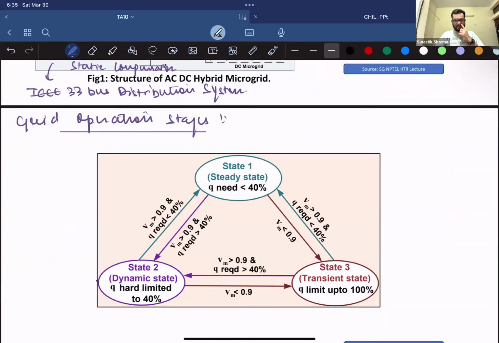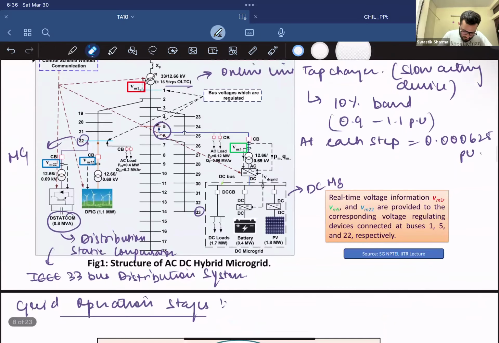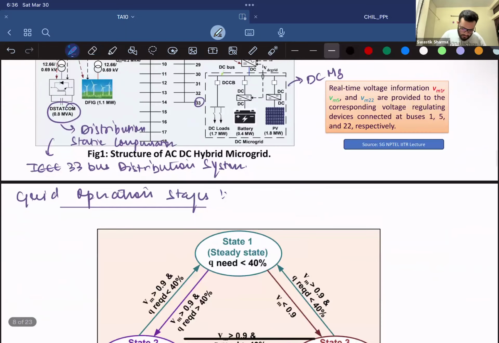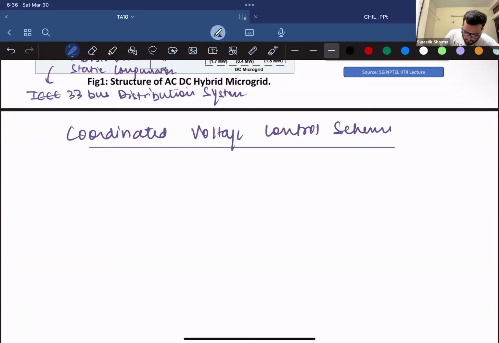Before going into CVC, the main purpose of CVC, or coordinated voltage control scheme, is to control your reactive power in such a way that the magnitude of voltage at the voltage regulating buses at which you want to have voltage regulation is optimally compensated, right?